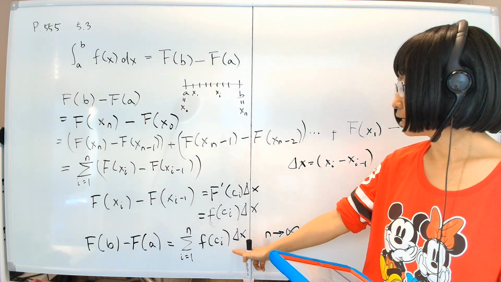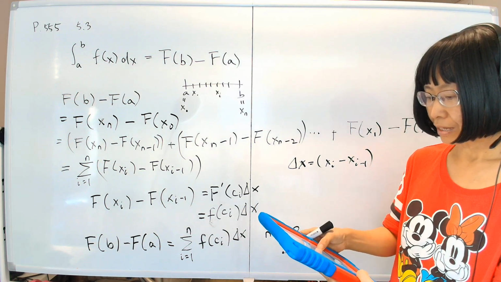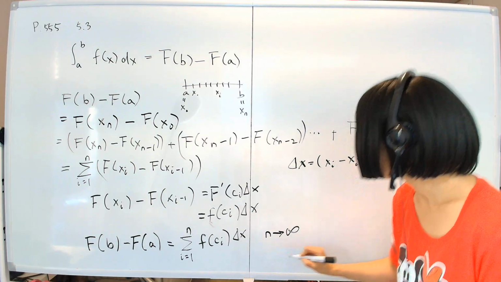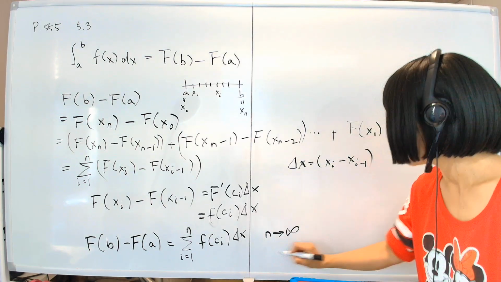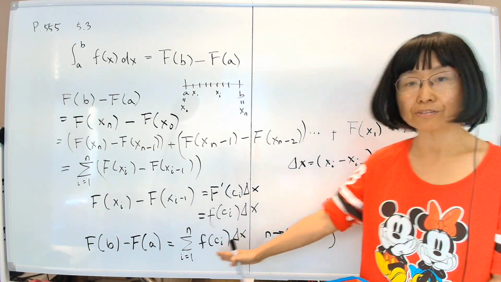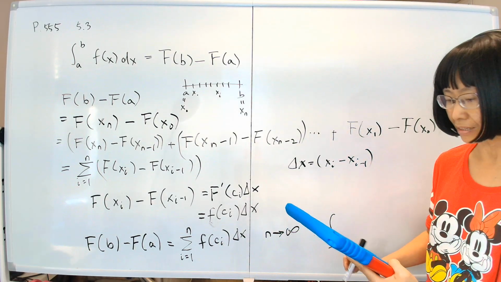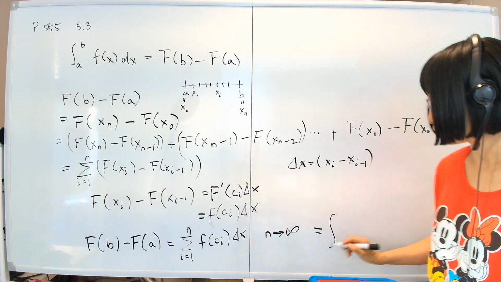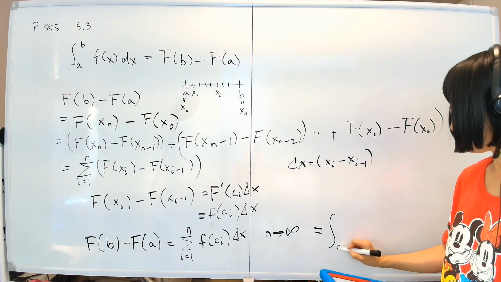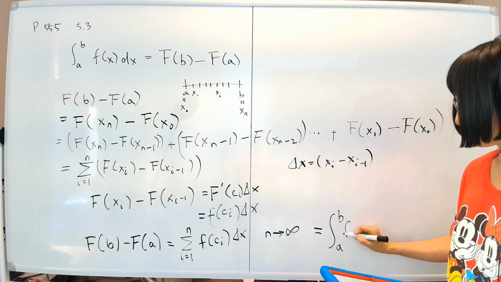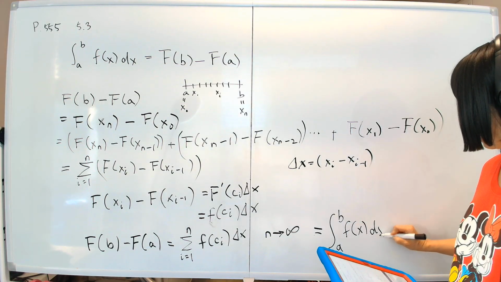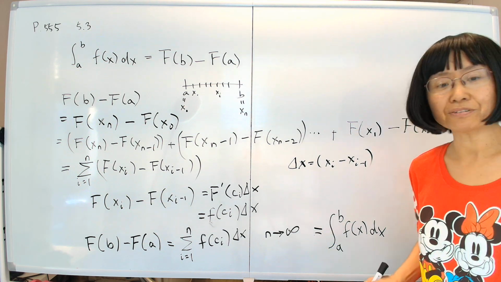Finally, as n goes to infinity, by definition of the Riemann sum for definite integrals, this side equals the integral from a to b of little f dx. All right, and that concludes the proof.